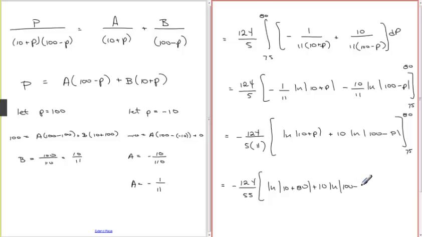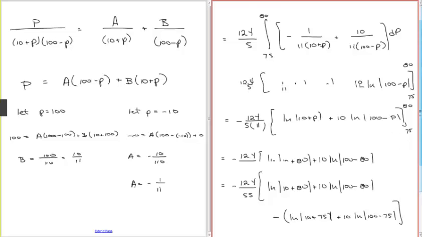So that becomes 80. This becomes 80. And then we subtract it off at the lower limit, which is the natural log of the absolute value of 10 plus 75 plus 10 times the natural log of 100 minus 75.